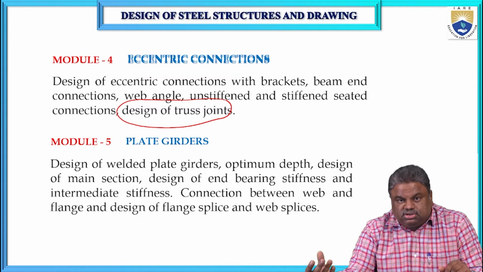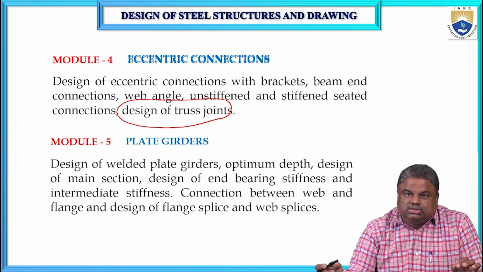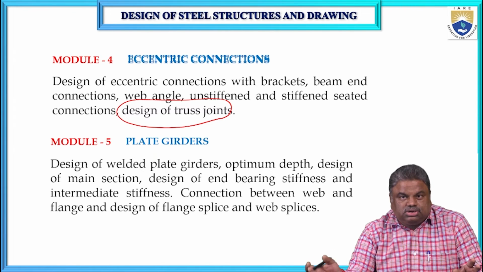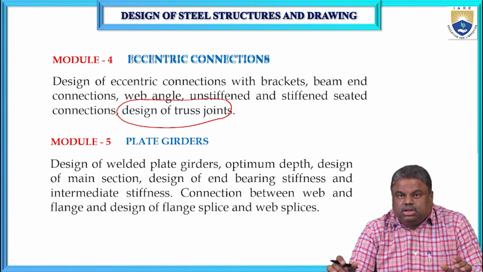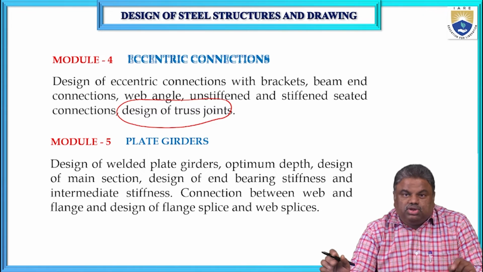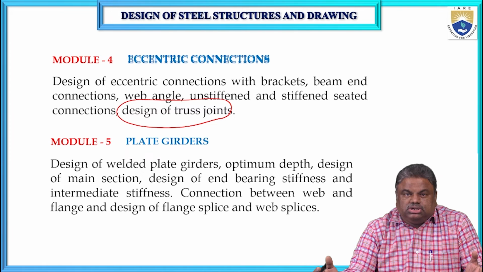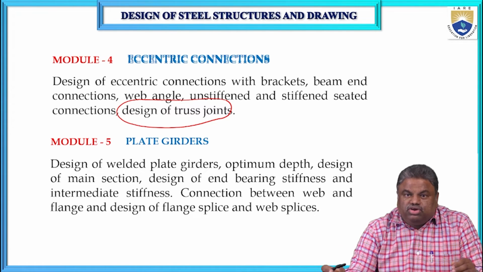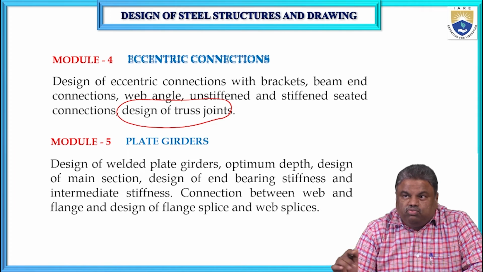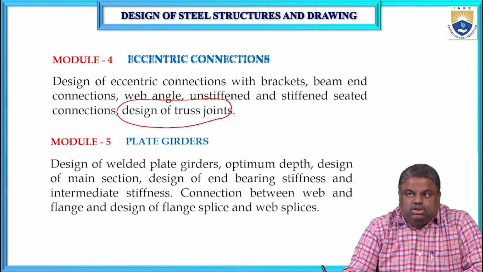Those things are called girders. A girder is nothing but a beam, but here the span is very, very large, and readily available sections are not sufficient. If it is not available, then we have to see the.